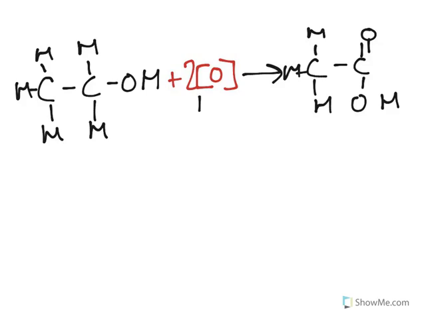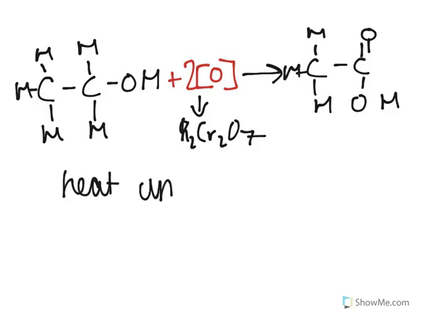Of course, again, this is the oxidizing agent, K2Cr2O7. And to get the carboxylic acid, you have to heat under reflux.